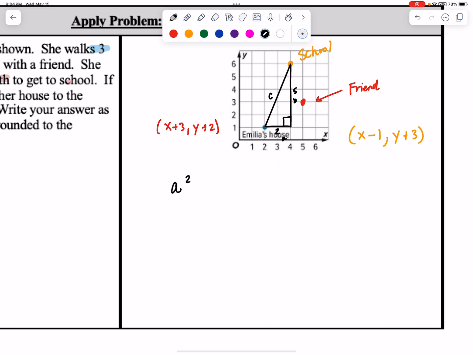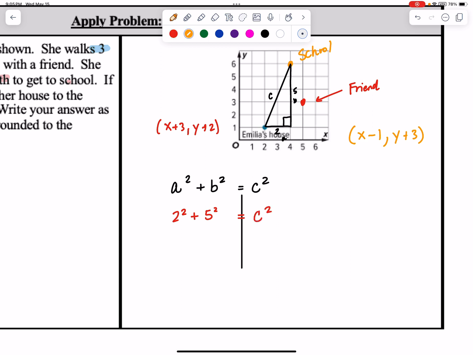We're going to use the Pythagorean theorem, a squared plus b squared, remember, equals c squared. Okay, separate my workspace. Go ahead and start substituting stuff in here. So what is A? We're choosing A to be 2 squared. B is 5 squared equals c squared.